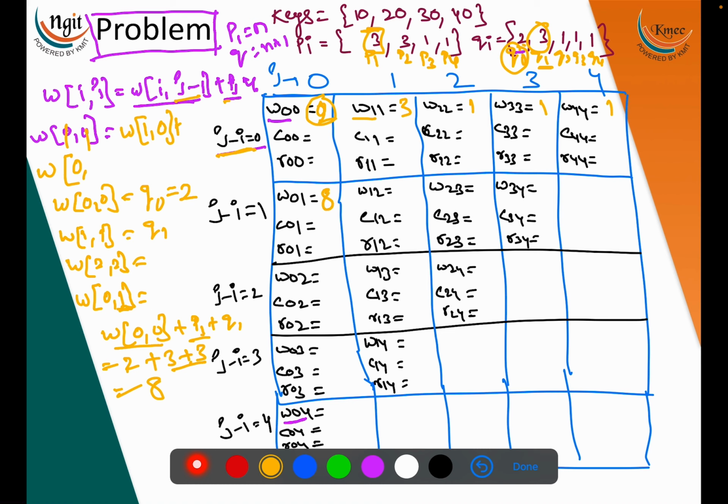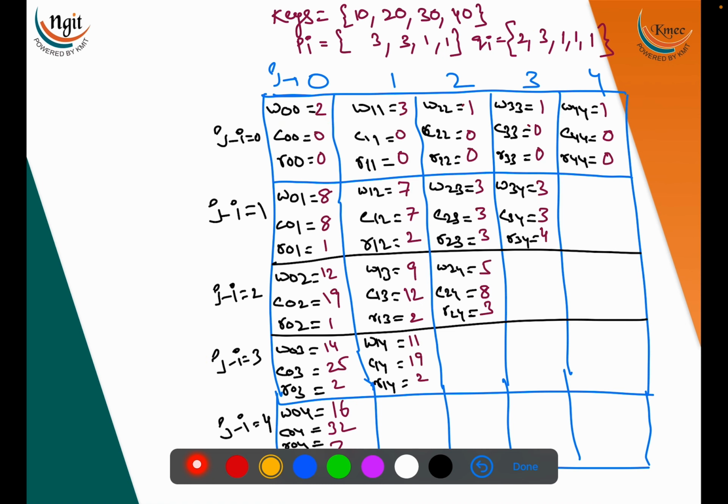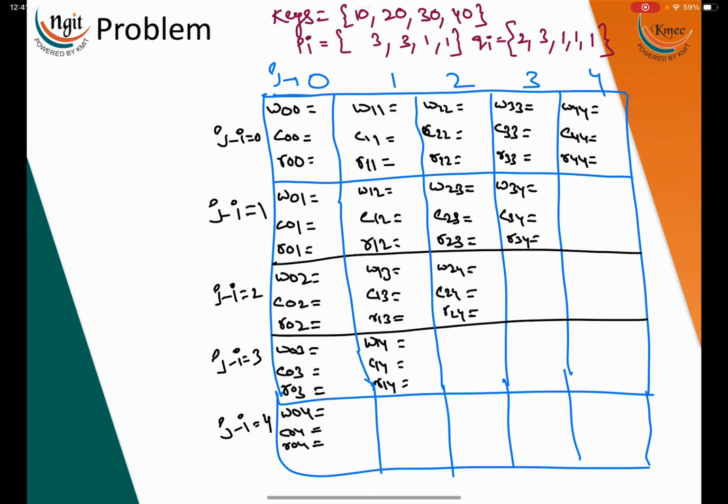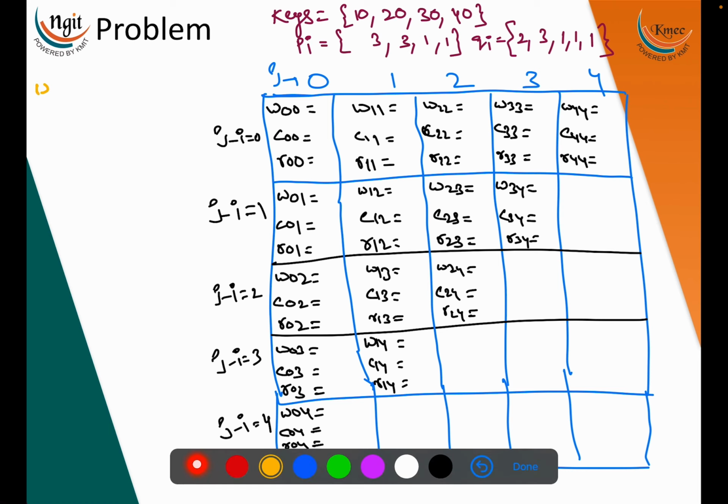Okay. Now again you have to calculate. I'll make the page a little fresh so that you can understand what I'm explaining. Now calculate W02. What is W02? W0,1 plus P2 plus Q2.